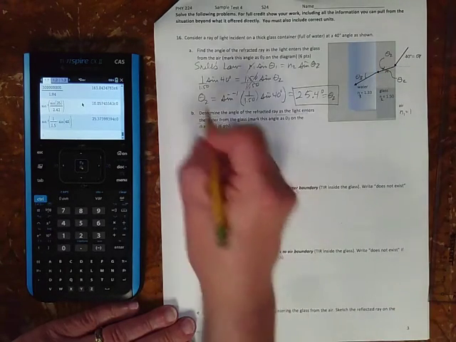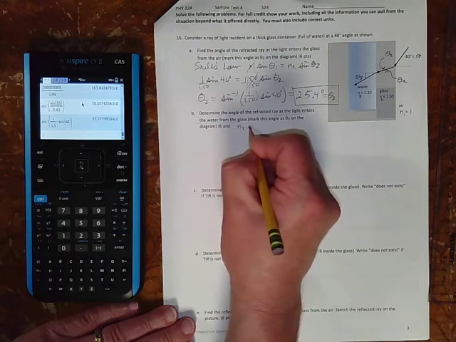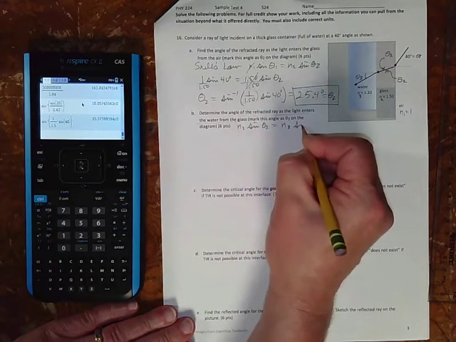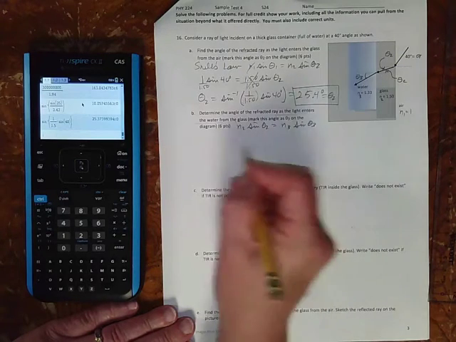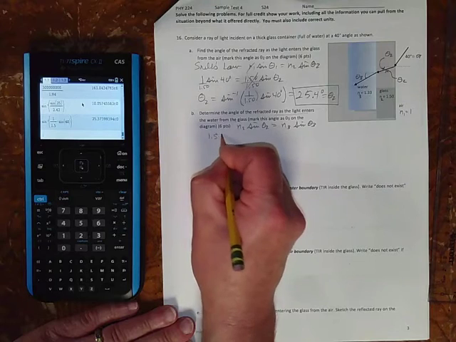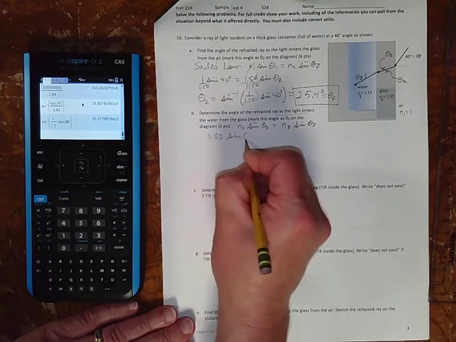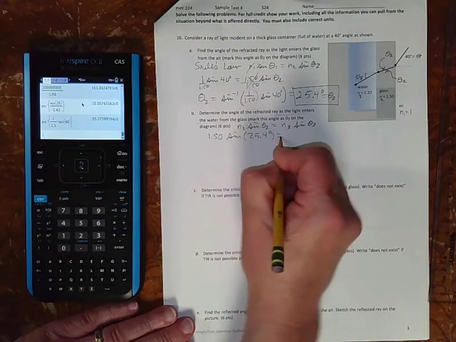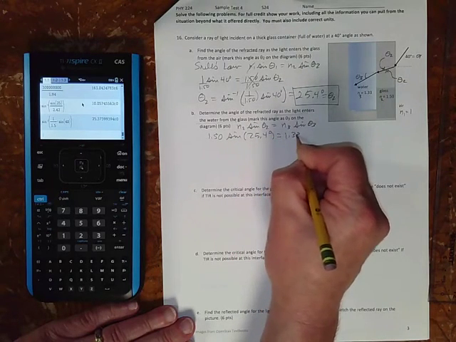So we can do another Snell's law. N2 sine theta 2 has to be equal to N3 sine theta 3. N2 is 1.5. Sine theta 2, which we just got, is 25.4. Equals N3, 1.33.